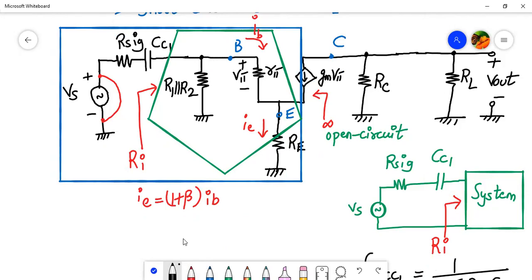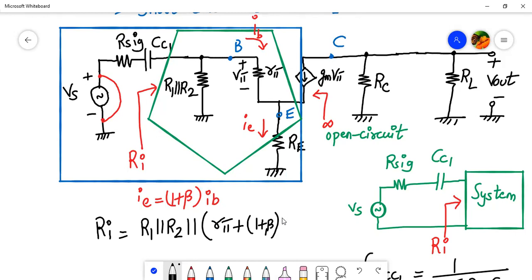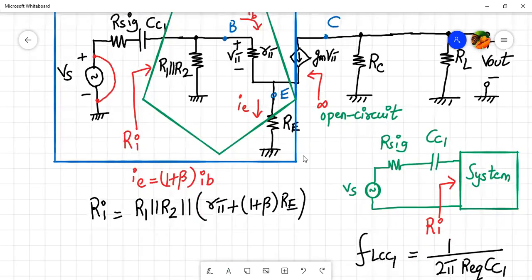So how can I write Ri now? Ri can be written as R1 parallel to R2, and that is parallel to R pi plus 1 plus beta times RE, because the emitter current changes to the base current if you multiply by 1 plus beta. So this is the correct formula now of Ri.